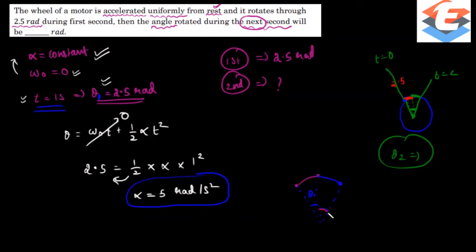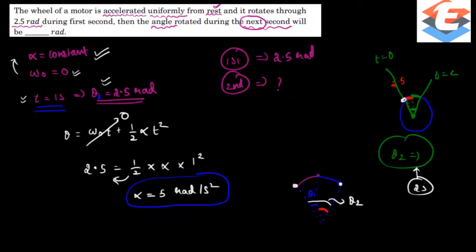But theta 2 indicates what? Theta 2 indicates the complete 2 seconds, which means from the beginning until the ending, what is the angular displacement? This total angle is represented by theta 2.